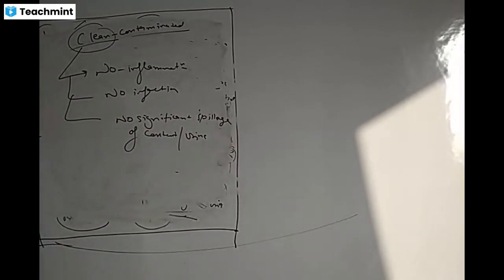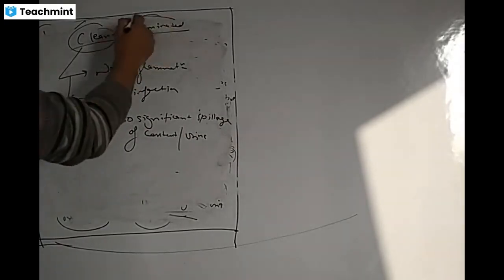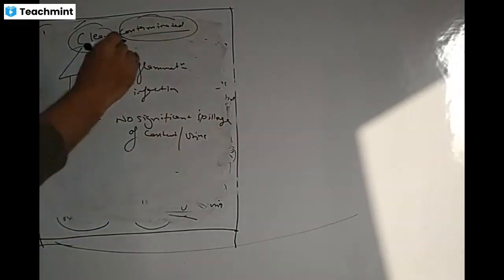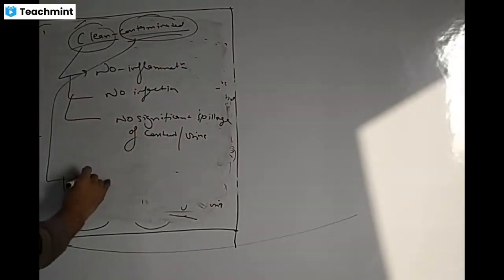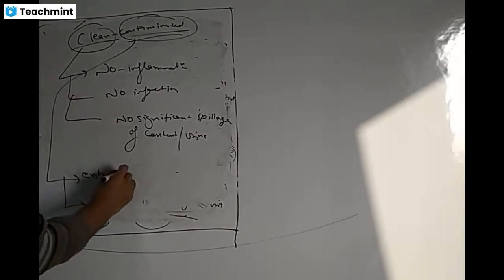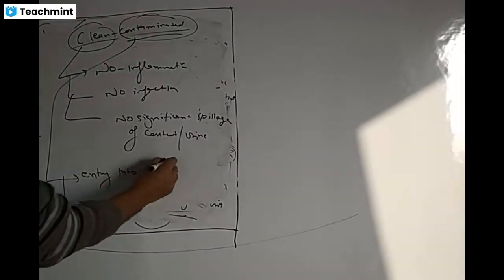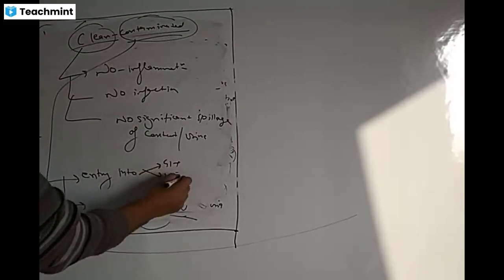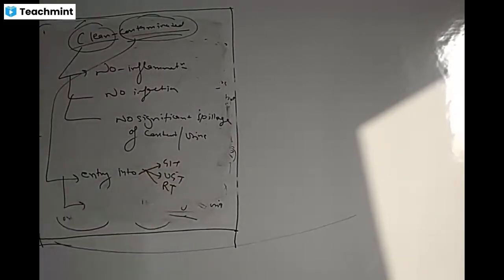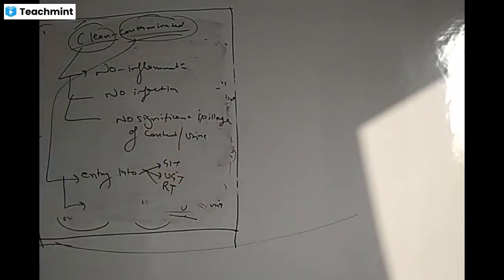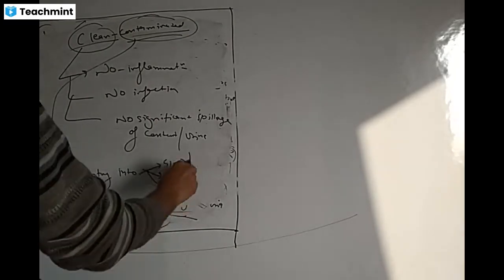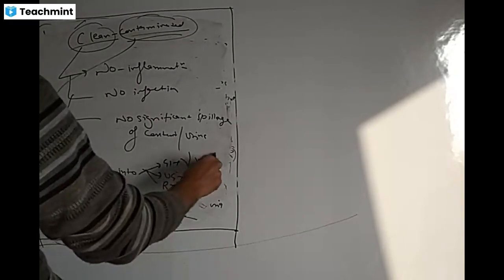This term lends it the name clean. Then what is the meaning of contaminated? Contaminated means there is entry into the GIT, urogenital tract or respiratory tract. Means in this case we have opened the GIT part. In this case we are going to open the urogenital tract. These are the organs which have a lumen.